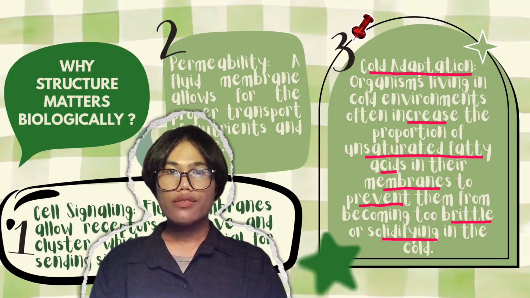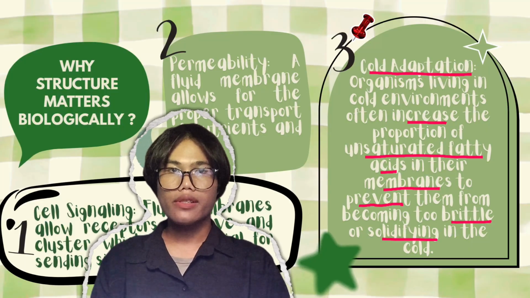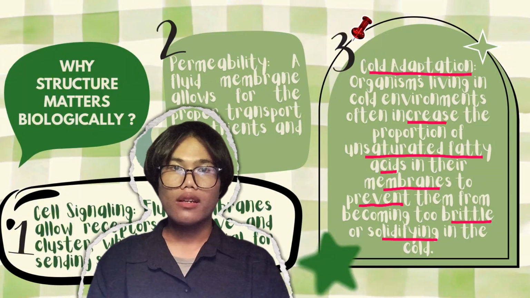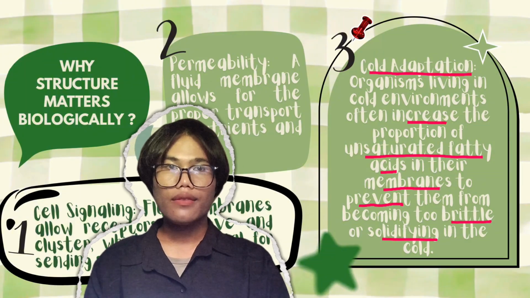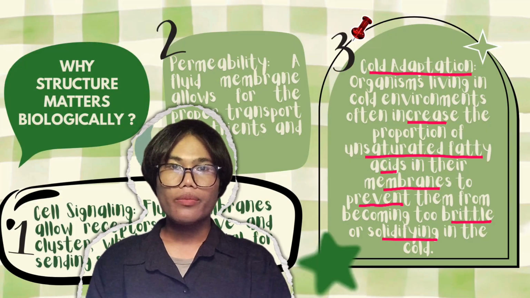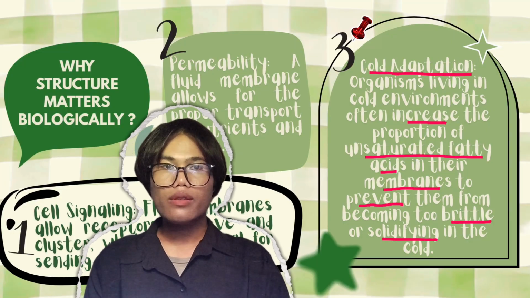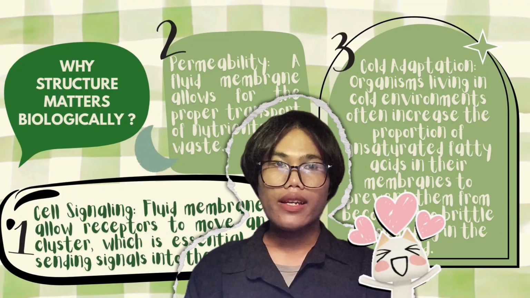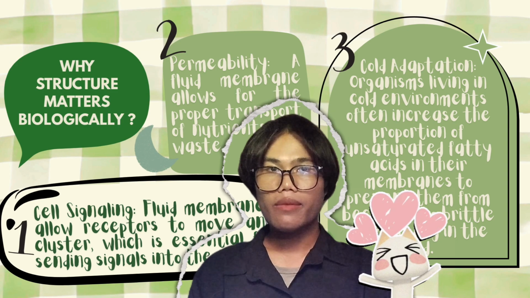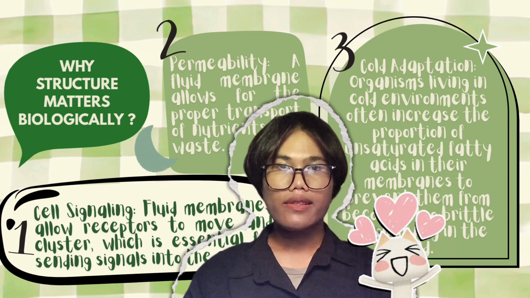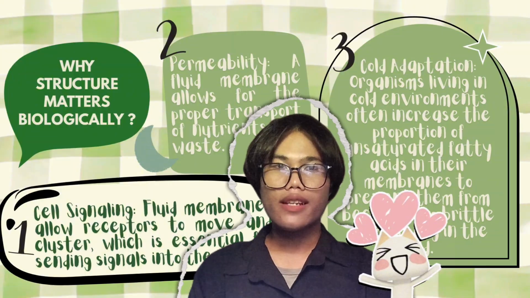Finally, it allows for homeoviscous adaptation, meaning organisms exposed to freezing, cold environments can actively increase their unsaturated fatty acid levels, using these chemical kinks to prevent their membranes from solidifying and fracturing. Ultimately, it is this precise link between chemical structure and biological function that keeps our cells alive, adaptable, and dynamic.